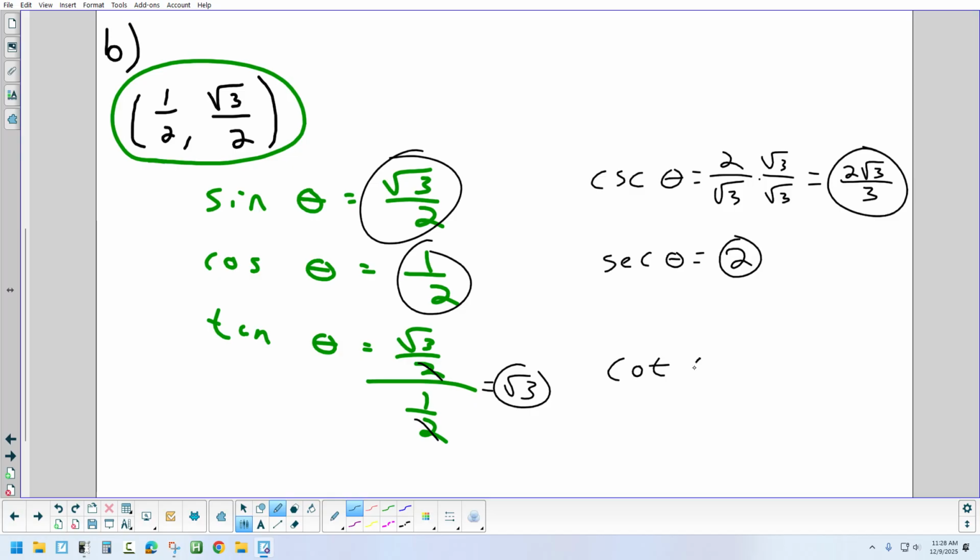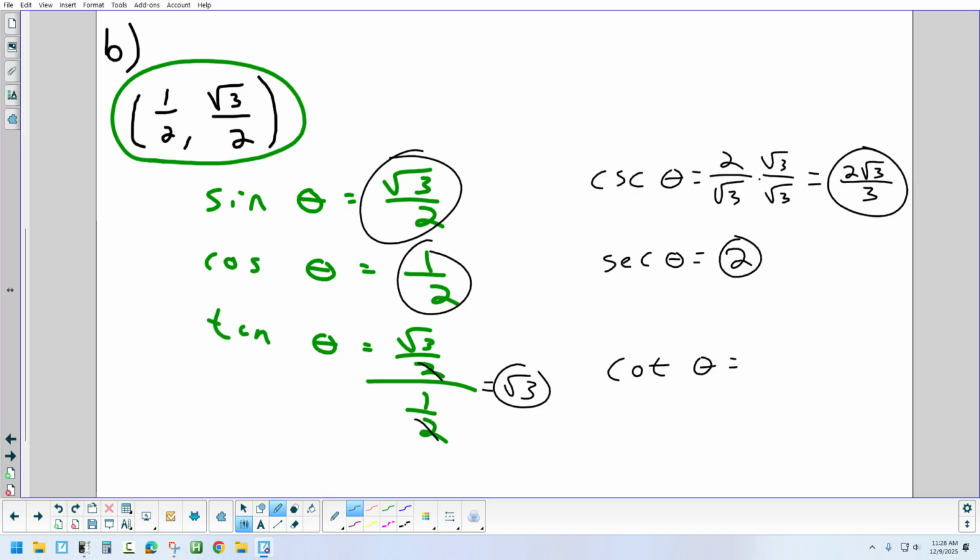All right, and the cotangent. Kyle, what's going to be my first step to get the cotangent? You can go all the way back to the definition, or you can just flip the tangent, yeah.